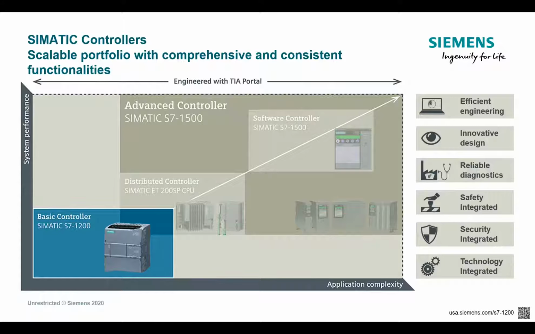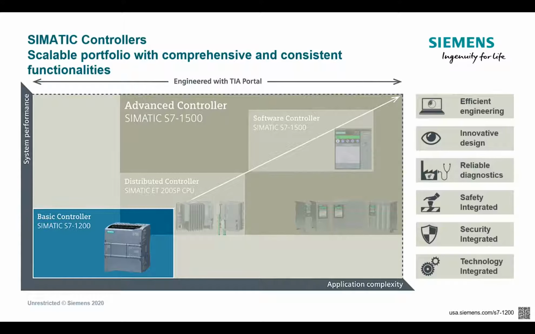So you can take another 1200 and control it with a 1200 utilizing what Siemens calls iDevice, or you can take ET200SP remote I/O, which is just a remote I/O rack, and connect it to a 1200. So you can get into distributed control options with a basic controller.